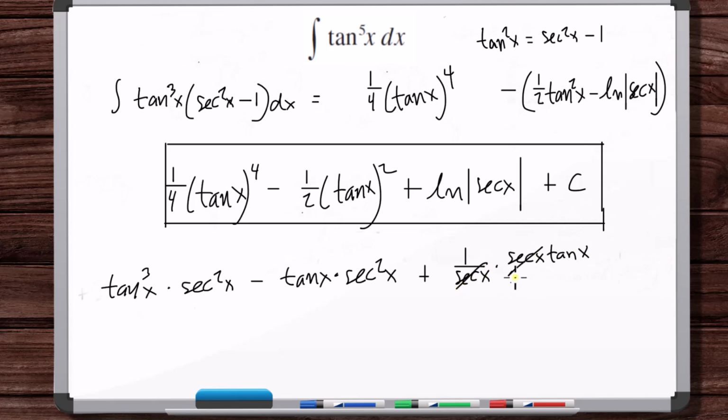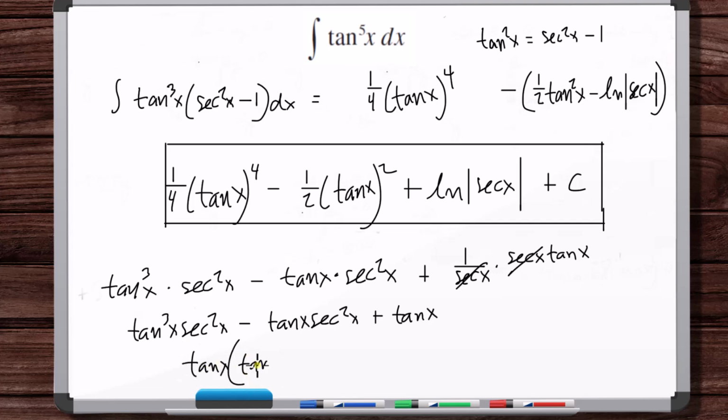So, tangent cubed of x secant squared of x minus tangent of x secant squared x plus tangent x. Okay, so let's factor out a tangent x.